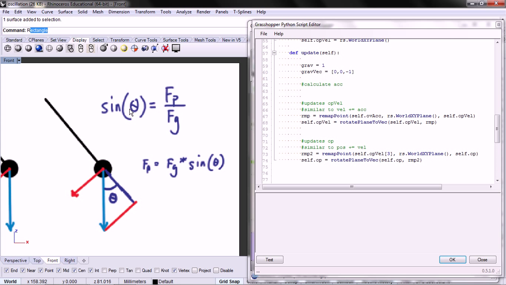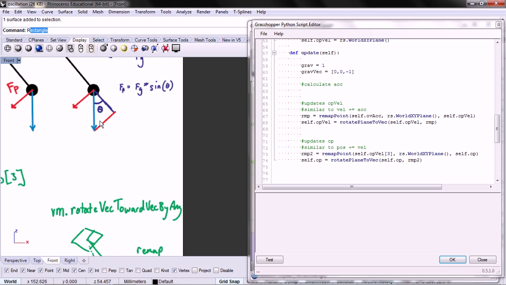We know theta and we know gravity, so we want to get force of P. The force of the pendulum over the force of gravity equals sine theta. So we have this equation here, and we can get both variables on this side. That gives us the force of P.